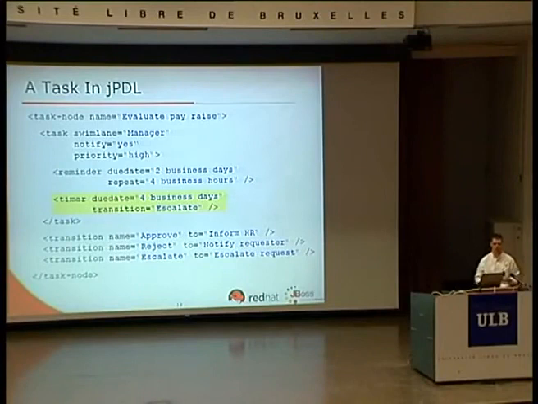For instance, you can say in the process, after 4 business days, if the task is not completed yet, take this transition. Alternatively, in a timer, you can also specify some Java class and say execute this code after 4 days. So in this case, we're going to take the escalate transition after 4 days. And then there are a number of transitions going out of this task node.